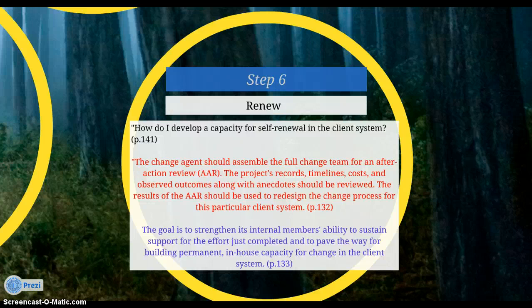The change agents should assemble all persons responsible for the change and create an after-action review. Here, an organized review of the project will be discussed. The author suggests that the results of the AAR, such as feedback and effectiveness from the review, will be used to redesign the change process for particular client systems.